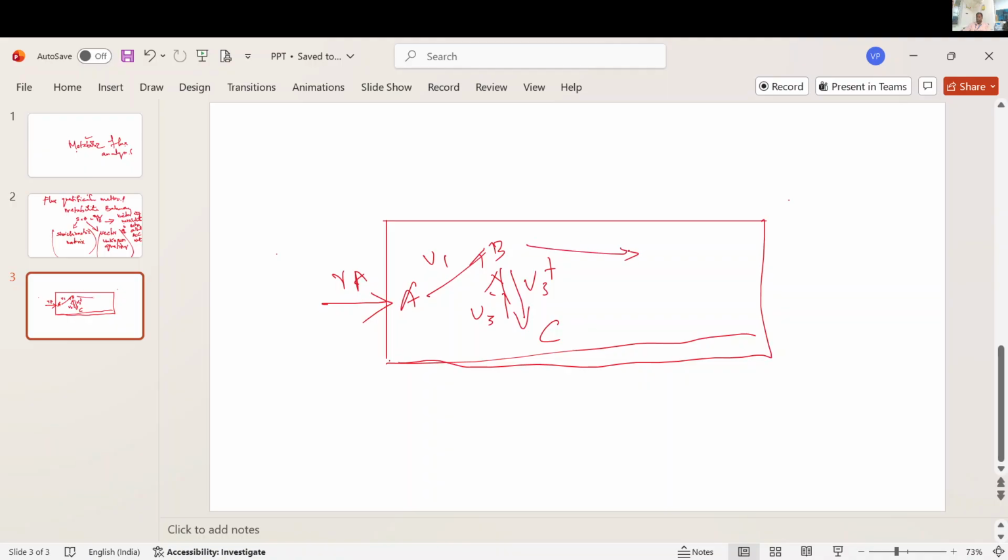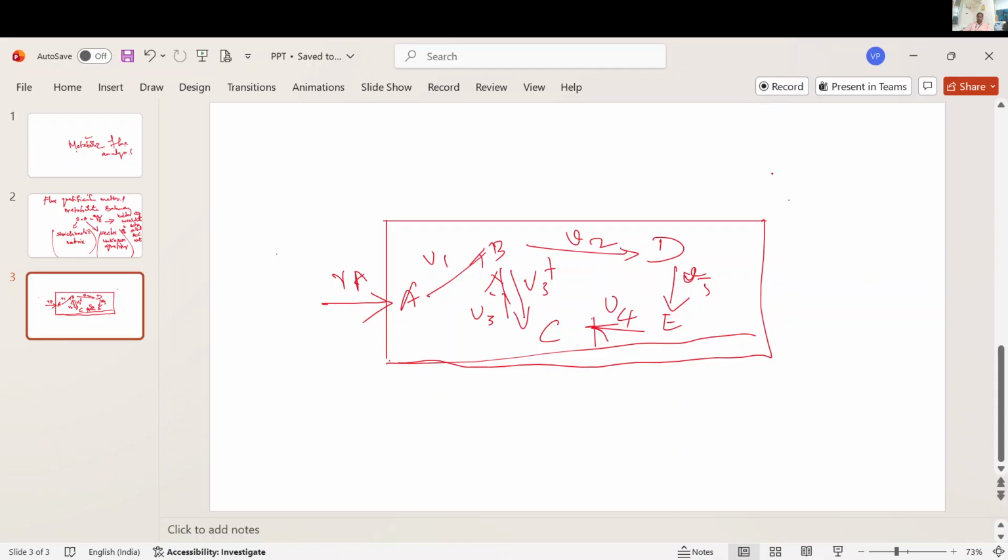B further undergoes changes in the form of D with the rate of V2, then D undergoes changes to E with the rate of V5, then E gives C with the rate of V4. So V1, V2, V3, where V3 is in the form of both forward and backward reaction. Then V4, V5.